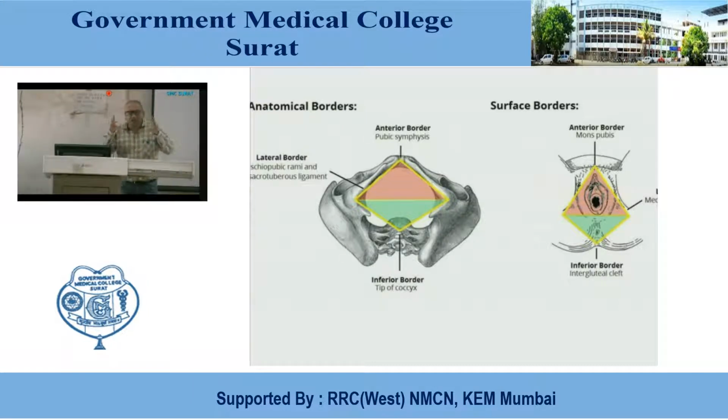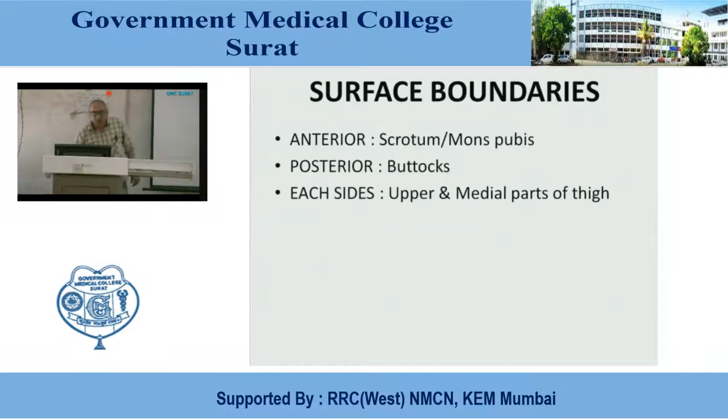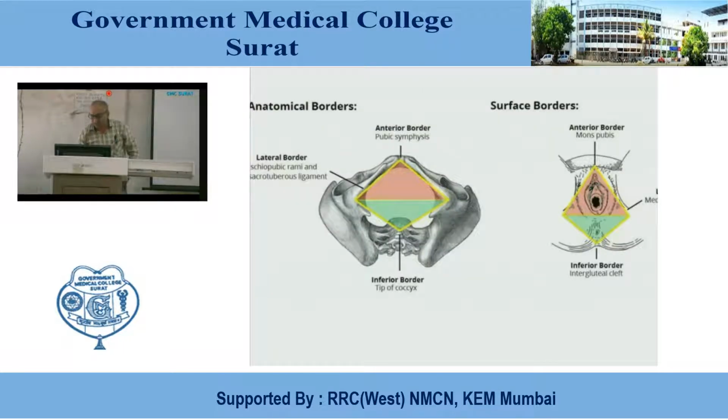There is the location where it is located, the lowermost part of the trunk. Now, about the boundaries. We can describe the boundary of the perineum in two ways. First is the surface boundary, by which you can demarcate the perineum over the surface, as we just saw in the previous image.